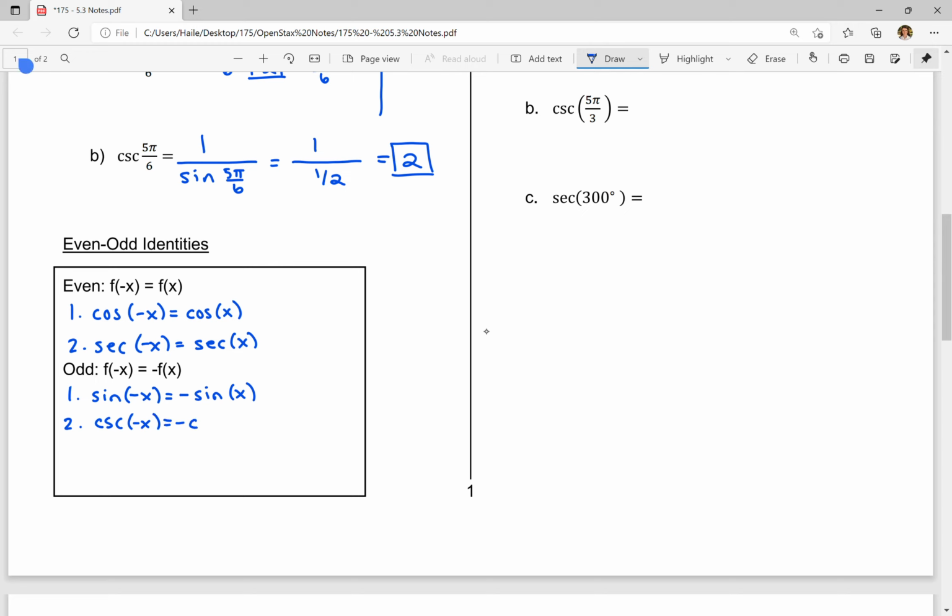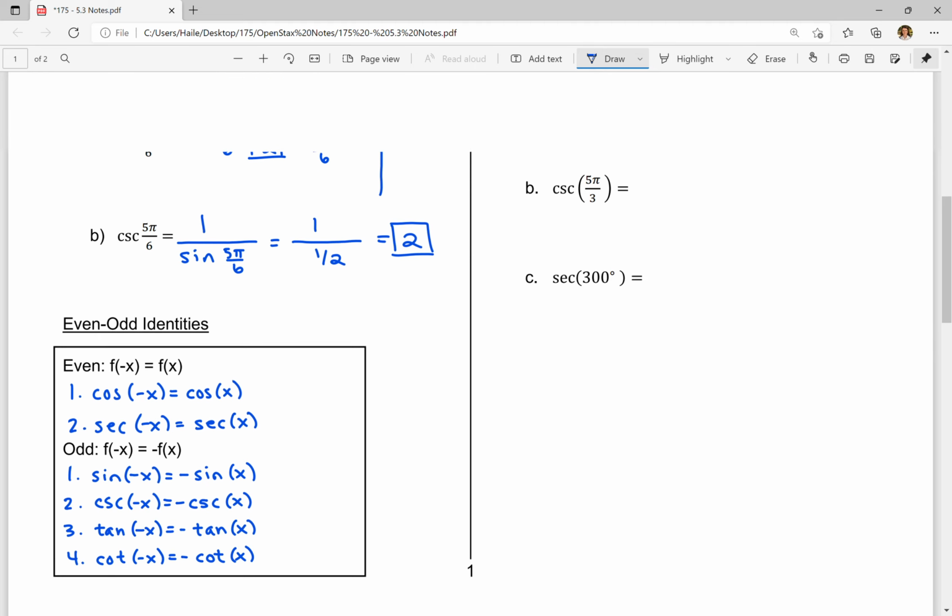So cosecant of negative x is negative cosecant of x. And then tangent is also odd. So we have tangent of negative x is equal to negative tangent of x. And finally, cotangent of negative x is equal to negative cotangent of x. And so cotangent is odd because it's the reciprocal of tangent. Okay, so those are our even and odd functions.